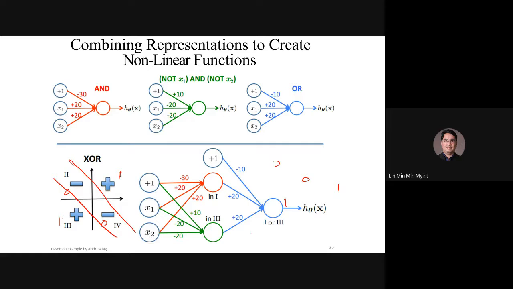Anyway, for the XOR, we cannot divide it by using only one line. If you apply the neural network like this, we can separate them easily. If we supply 0 1, of course you will get 1 here; 1 0, you will get 1 here. You can try by yourself.